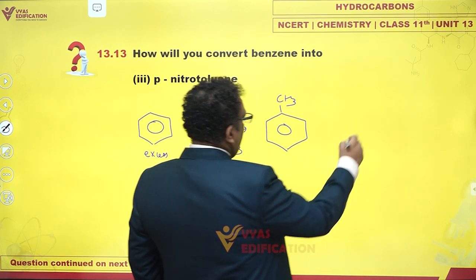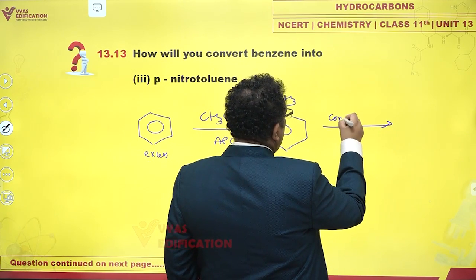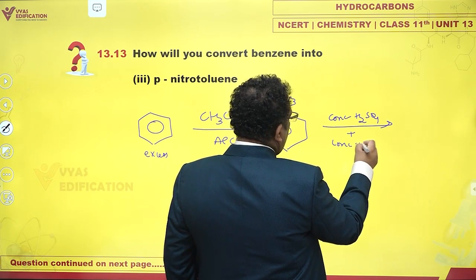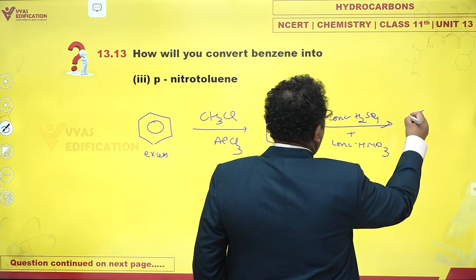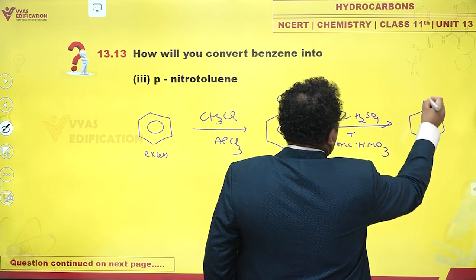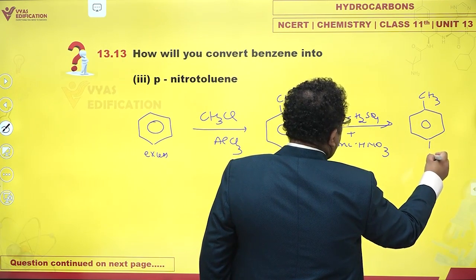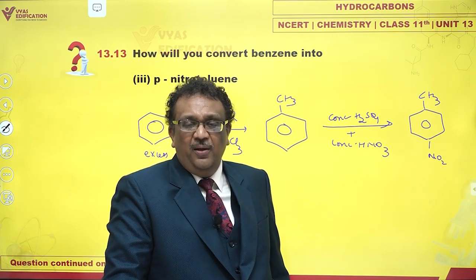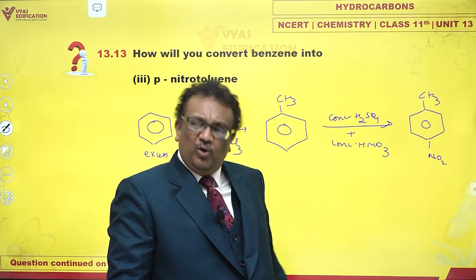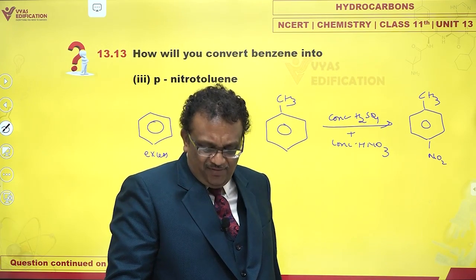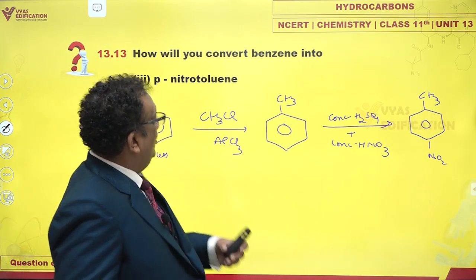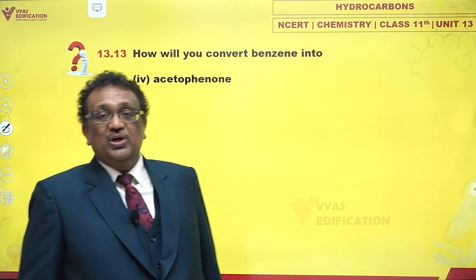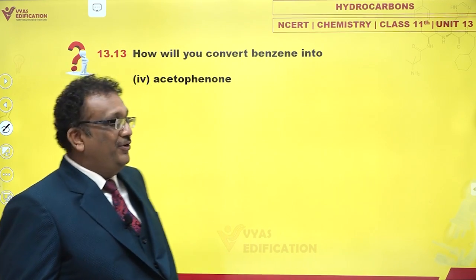And once you have toluene, concentrated H2SO4 plus concentrated HNO3, the so-called nitrating mixture. Methyl is an ortho-para-directing group, but it is also a bulky group. So the major product is going to be para, and a very small quantity of ortho will be there. You can separate that by fractional distillation, and this is how you get para-nitrotoluene.